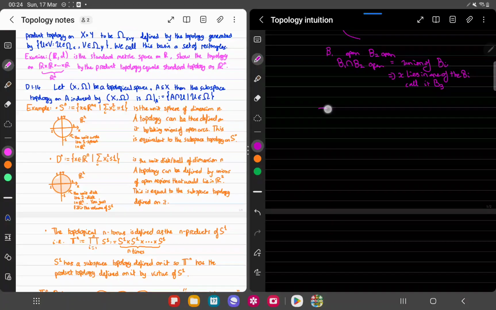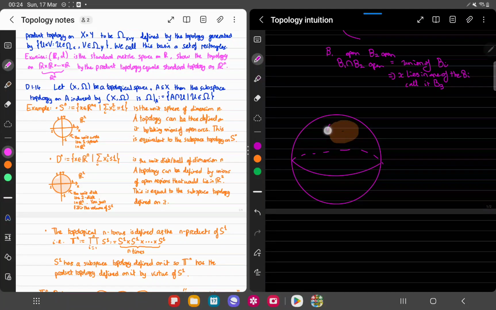So for example, on the unit disk, you sort of get stuff like arcs. And on the unit sphere in a higher dimension, it's sort of like a region in space that's kind of on the surface.